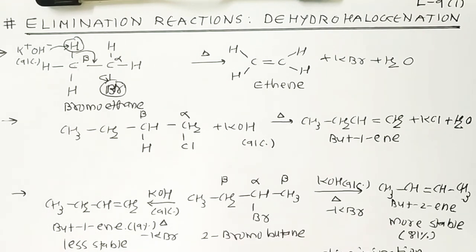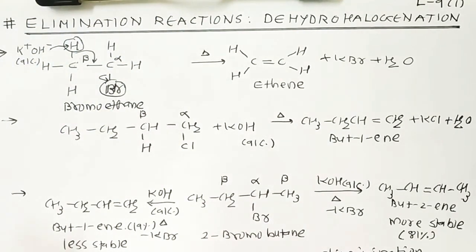Beta eliminations are also classified into E1 mechanism and E2 mechanism, the same as we study in SN1 and SN2. But today our lecture is mainly focused on your NCERT textbook and some depth that can be carried out. Okay, what is the orientation of dehydrohalogenation?